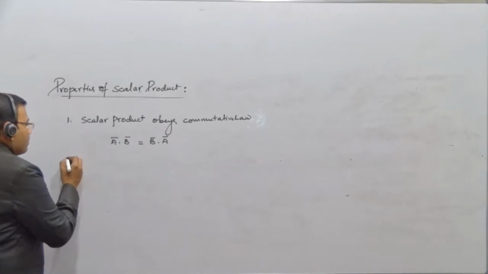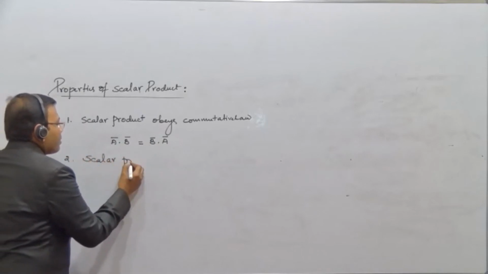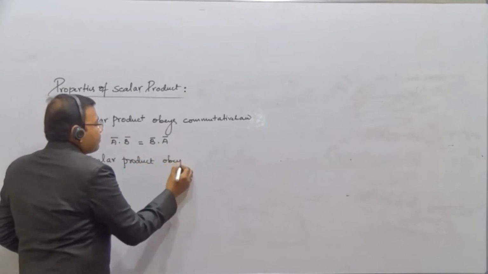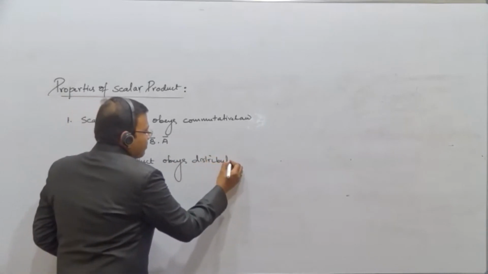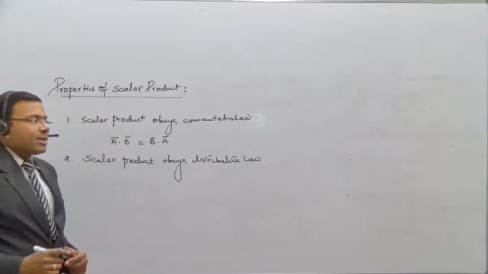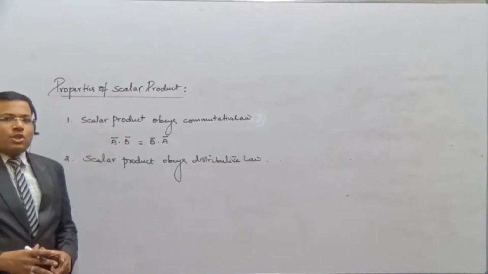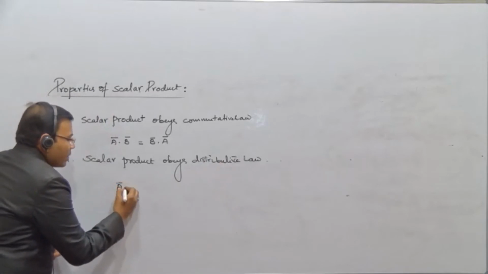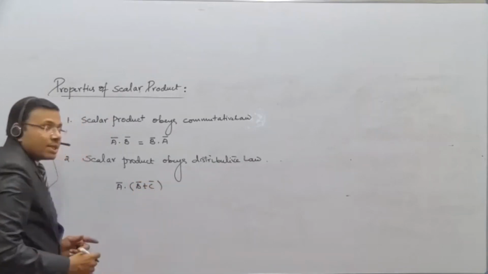The next one: scalar product obeys the distributive law. What is this distributive law? Let us see. Suppose I multiply vector A with B plus C. Try to understand, students.